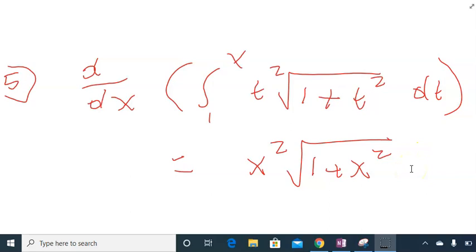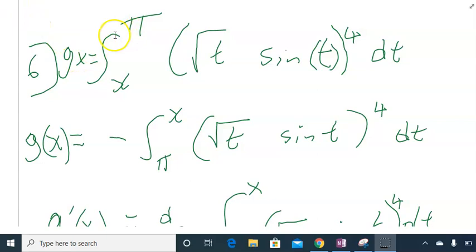The fundamental theorem of calculus makes it very easy to solve a problem like this. If you want to think of it in a very short way, the derivative and the integral undo each other, and you're left with this, evaluated at x. There we go.